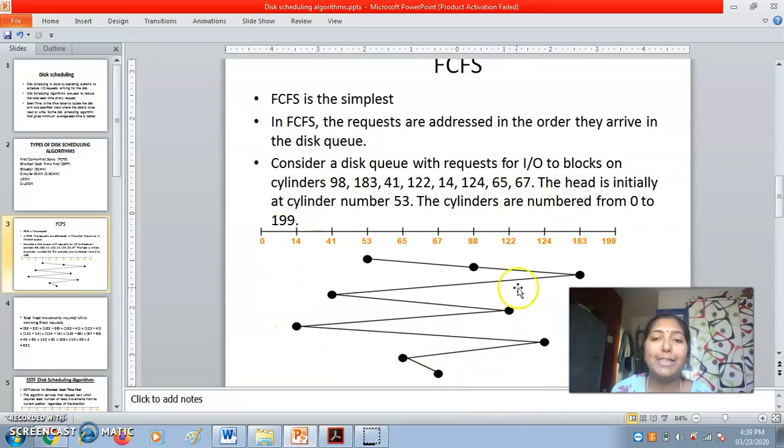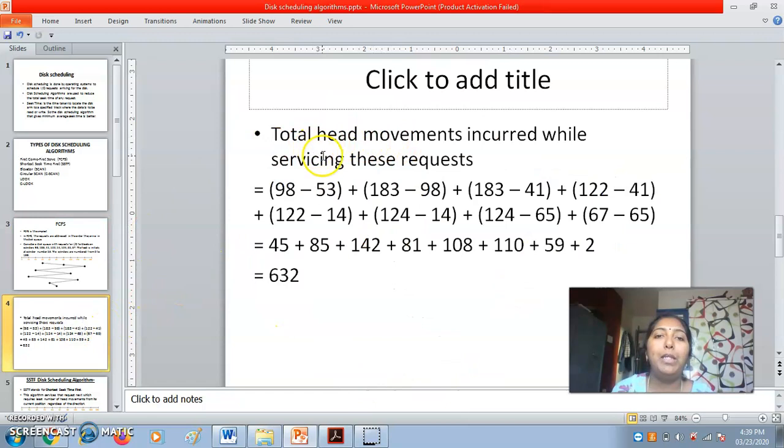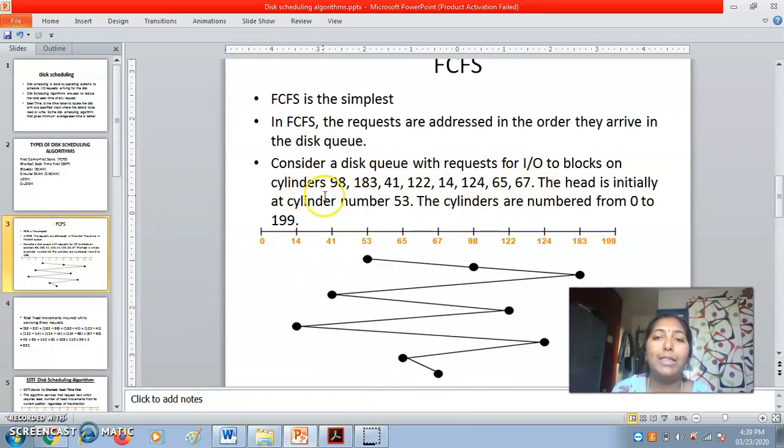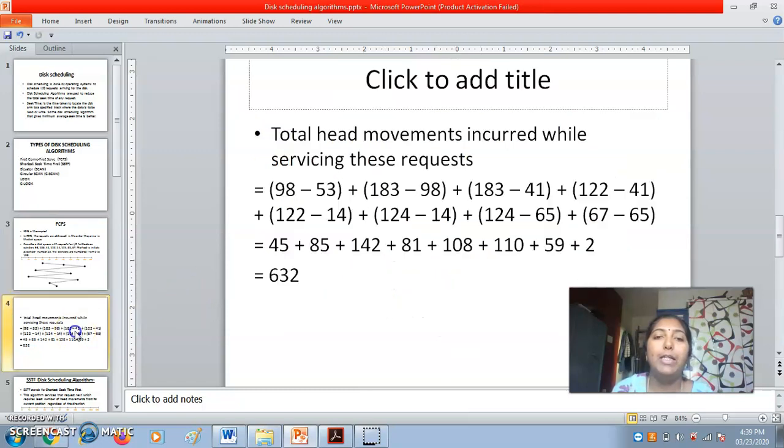Based on this diagram, now we should calculate how many head movements we made to service all these requests. For that, we should determine the differences between the first one and the second one. Here, the head is first at 53, and to service the request at disk block 98, we have moved from 53 to 98.